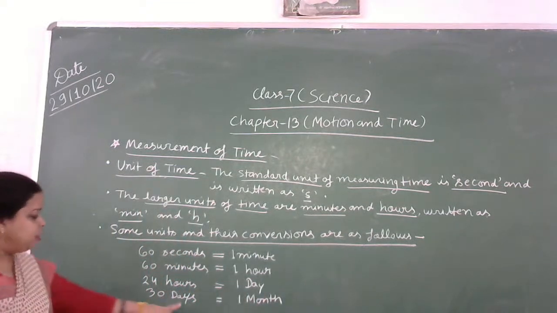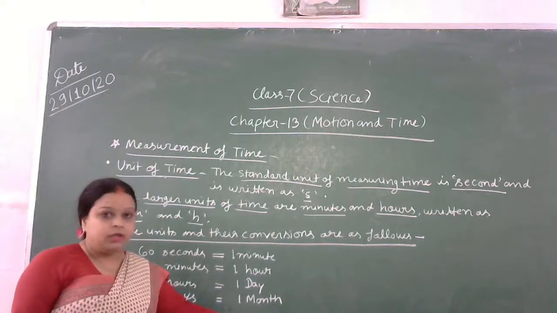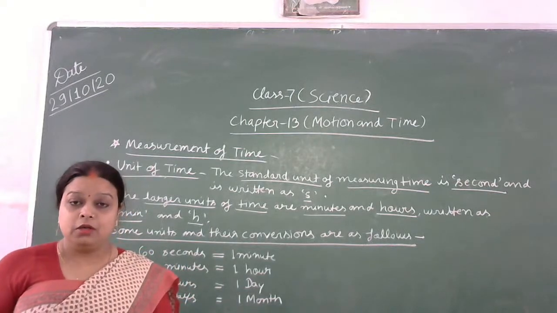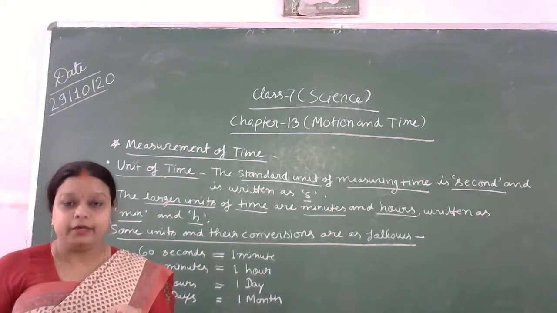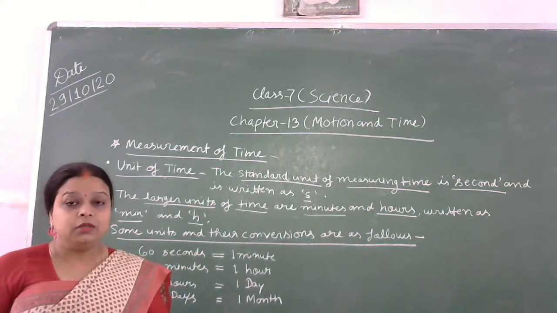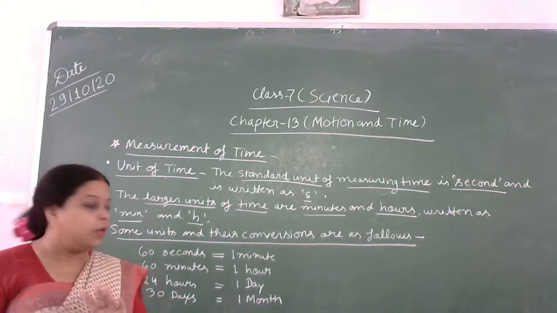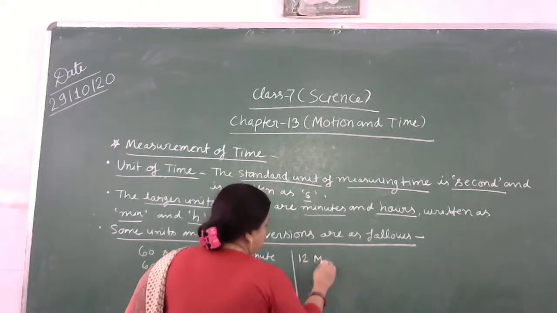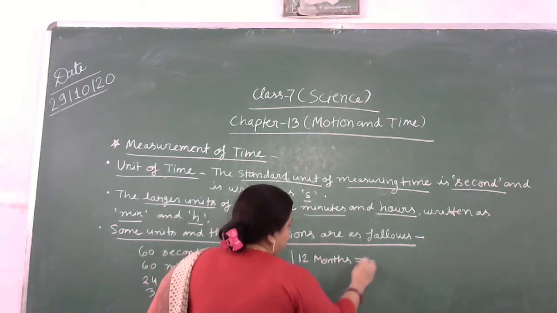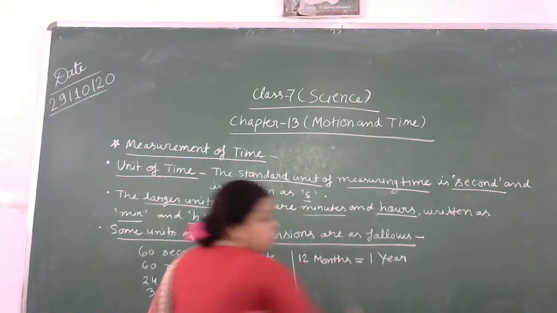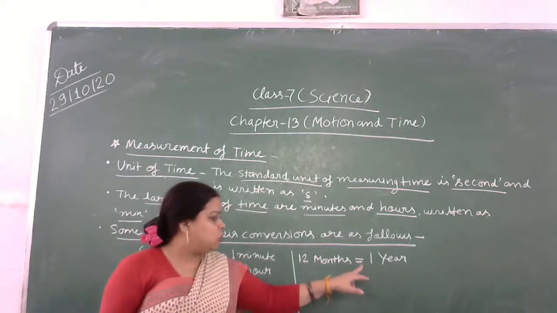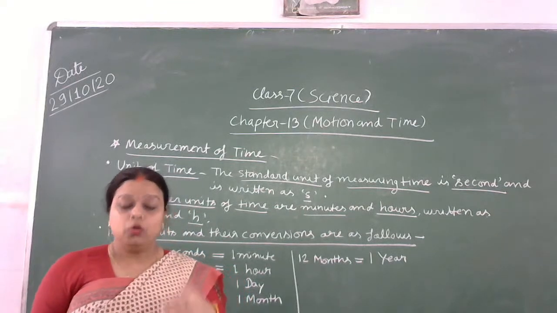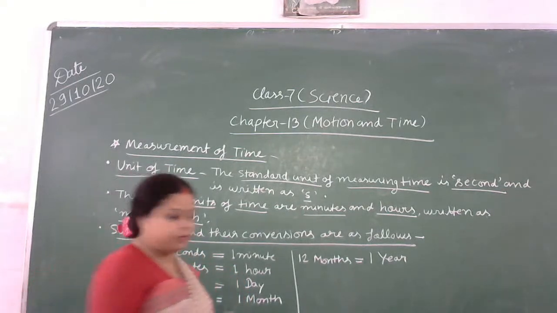And 12 months equal to 1 year. Is that clear? 12 months equal to 1 year and 10 years equal to 1 decade.